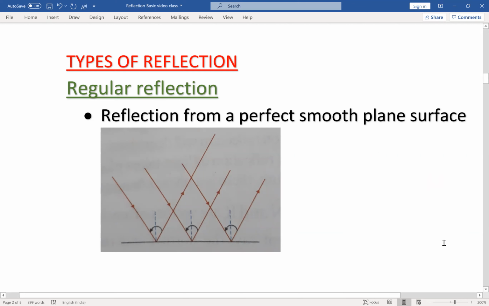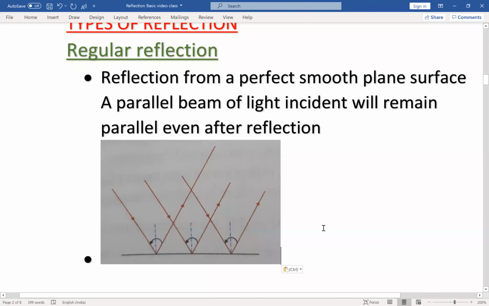See here in the diagram, this is a perfect smooth plane surface. These are three incident light rays coming parallel to each other, a parallel beam falling on this perfect smooth surface. This is the normal drawn at the respective point of incidence, and these three are the reflected light rays derived from the incident rays. After reflection, again they are parallel to each other.